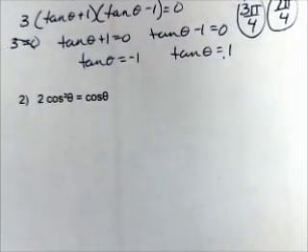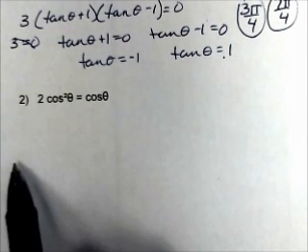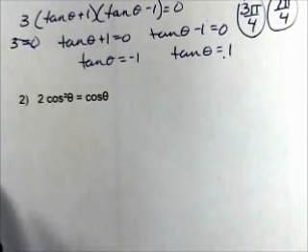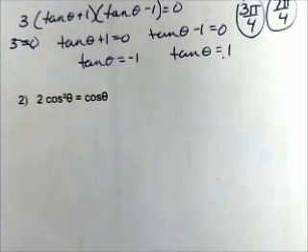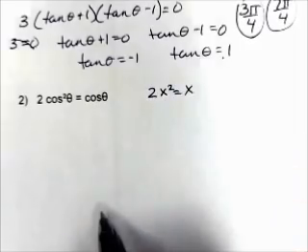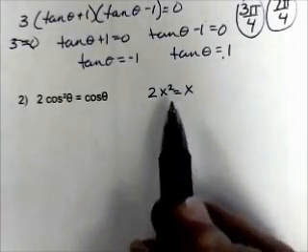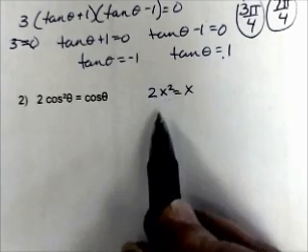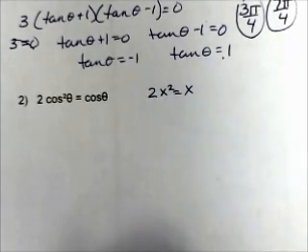Now, number 2, don't ever, ever, ever divide by a trig function. All right? Do not divide by cosine theta. No, that's not what we do. If this was 2x squared equals x, did we ever divide by x? No. Simply subtracted x from both sides and then went about factoring.